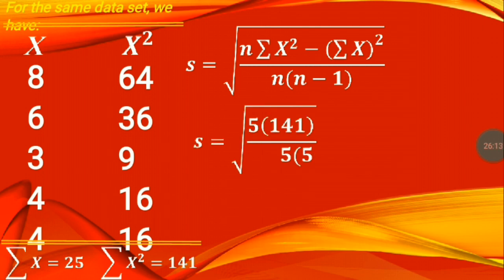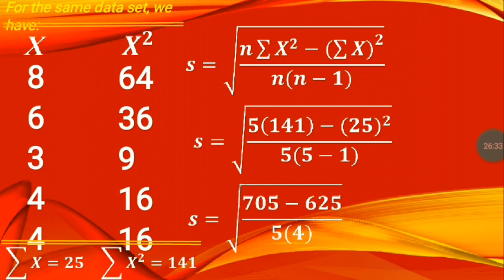Okay. Then you proceed to the formula. So you have your sample standard deviation, your n is 5, your summation of x squared is 141, minus your summation of x, which is 25, then quantity squared. You just follow the formula. Then you have your n is 5 again, times the quantity of 5 minus 1. So you get the square root of 705 minus 625, all over 5 times 4. That is 5 minus 1, that's 4.